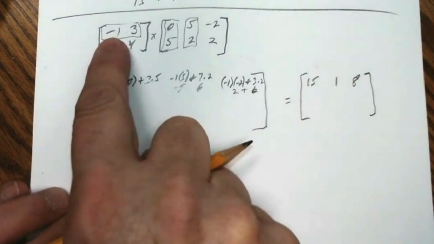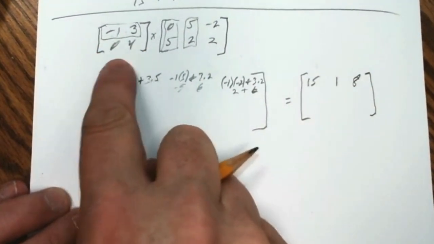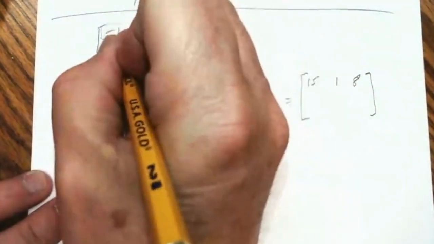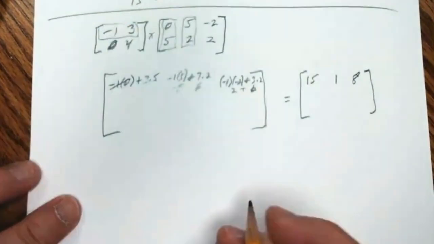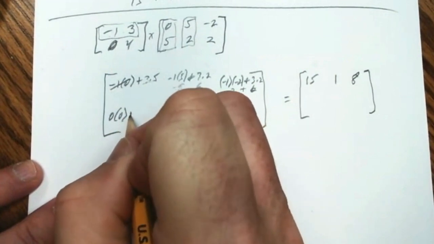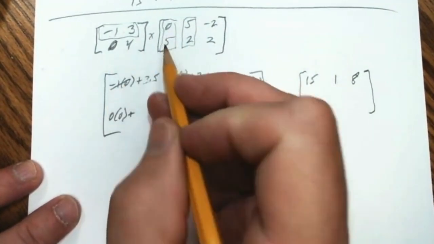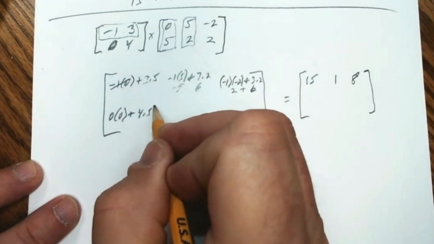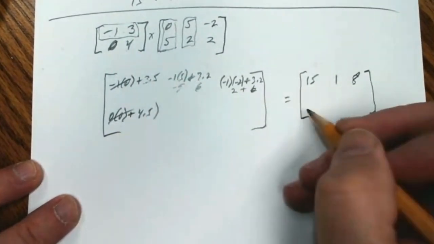All right, now we're going to do the exact same thing, just using the second row, 0 and 4. So 0 times 0 plus 4 times 5. 0, and 4 times 5 is 20.